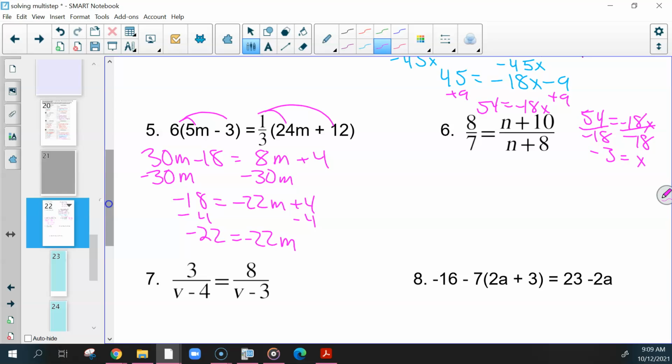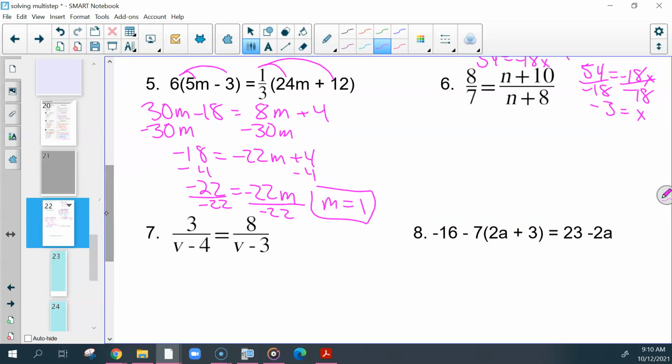And then divide both sides by negative 22. What would the answer be? Actually, I'm going to let you guys try it on your own.